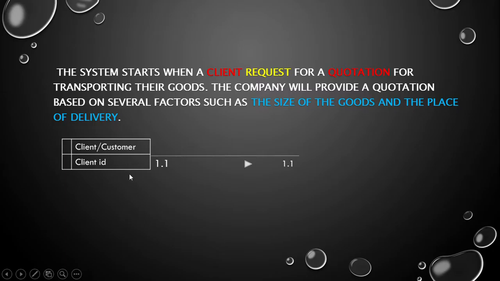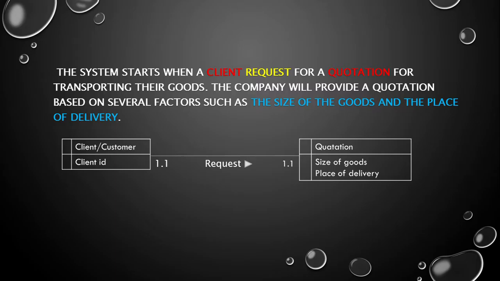Here you can see the client. Client is an entity and client ID is an attribute. Request is a relationship with quotation. Size of goods and place of delivery are attributes for quotation. Here you can see the relationship between two entities and the multiplicity is 1 to 1.